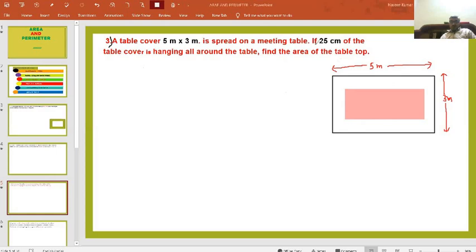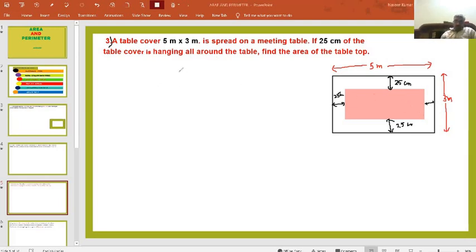Now, if 25 centimeters of the table cover is hanging all around the table, that means this length is 25 centimeters from all the sides. This is again 25 centimeters, 25 centimeters, this is also 25. We want to find out the area of the red portion.